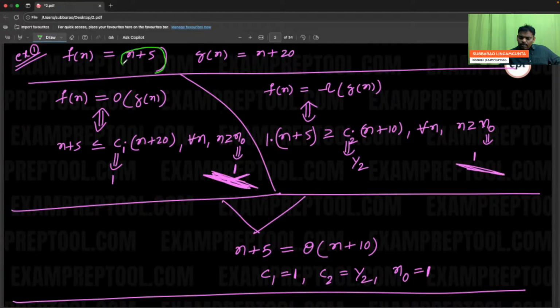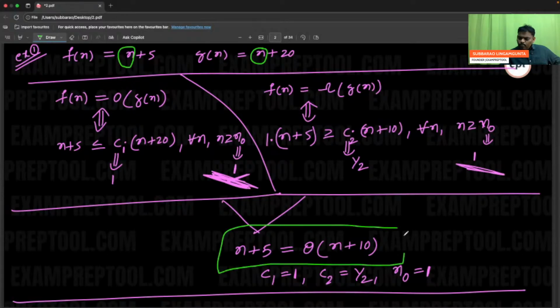If the bigger one is the same in both the functions, then theta is possible. Remember, between two functions, theta is possible when on both sides the bigger term is the same. The smaller terms may differ; small terms cannot affect it. If you compare to an organization, how the owner, please verify.